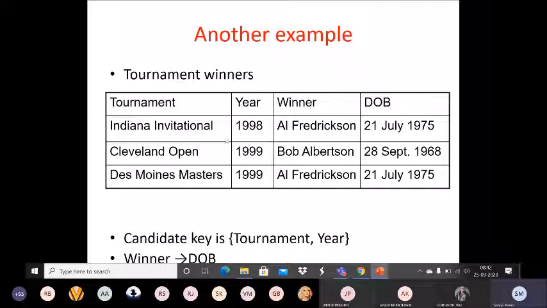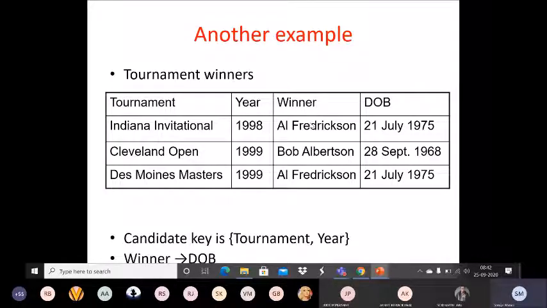If you think logically, year alone can't determine the winner. Tournament and year both will determine the winner. Maybe in 1998 another tournament also happened, and in that tournament the winner will be someone else. So year alone can't determine the winner.